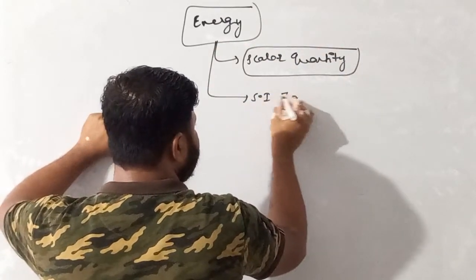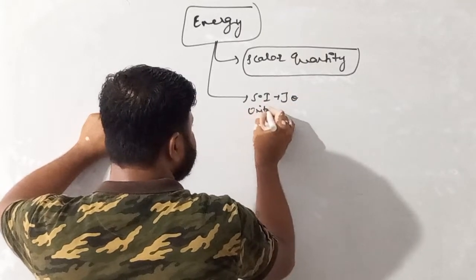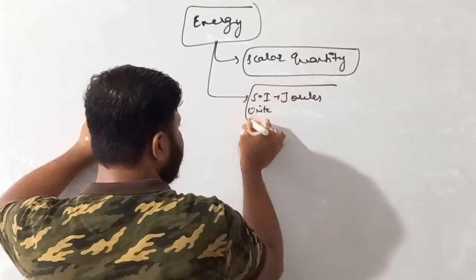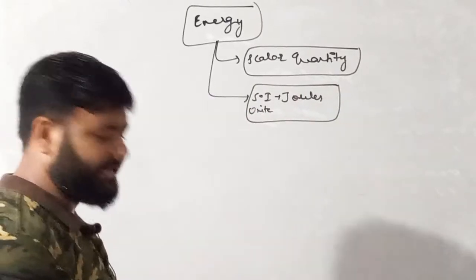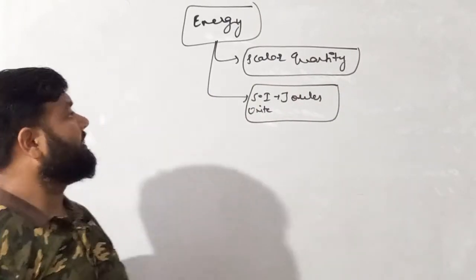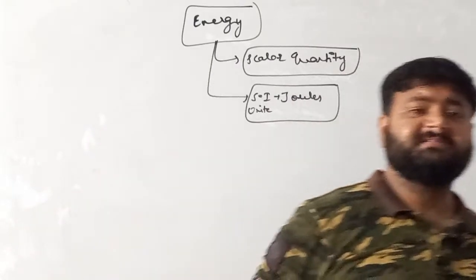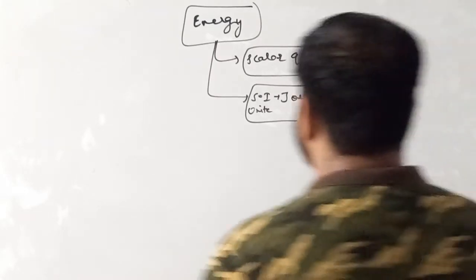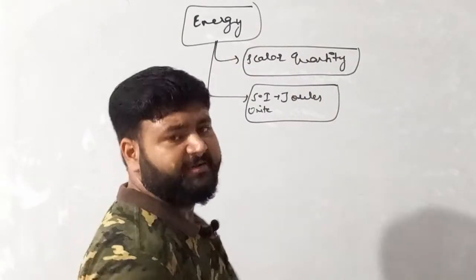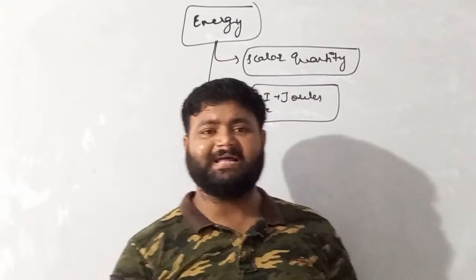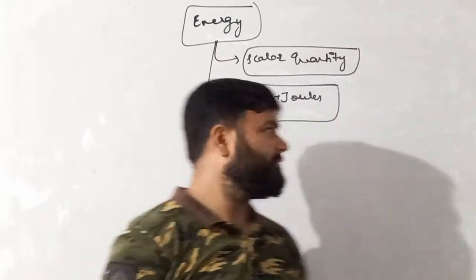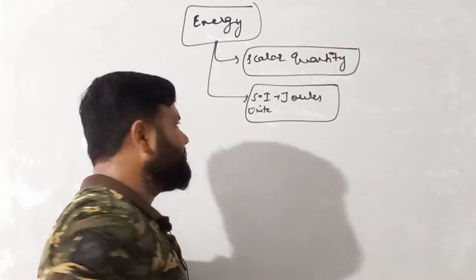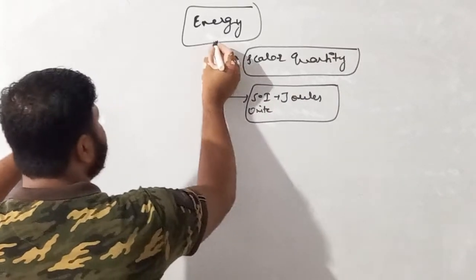The second thing is that the SI unit of energy is joule. Please write down: energy is a scalar quantity which only depends on magnitude, but not direction. Second, the SI unit of energy is joule.